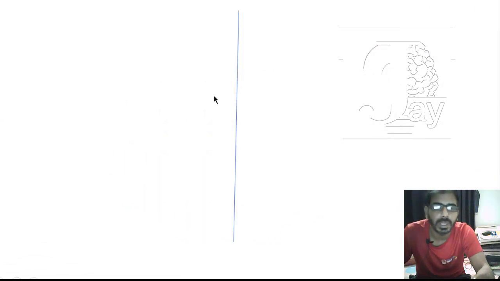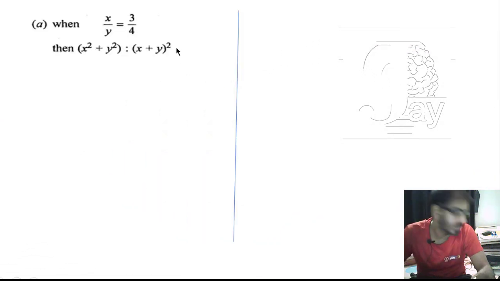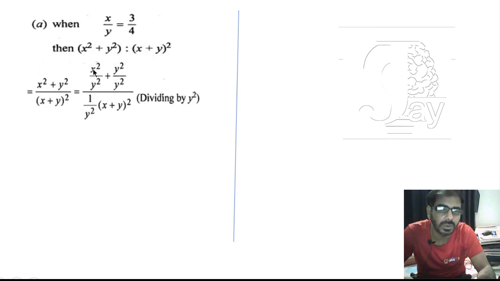So when we take the first value of x by y, that is 3 by 4, we need to find the value of this. We have to put x by y. In the numerator and denominator, we have divided both the terms by y square, you can see.